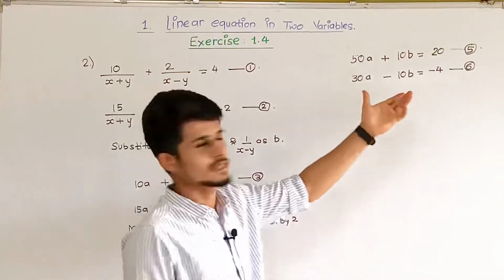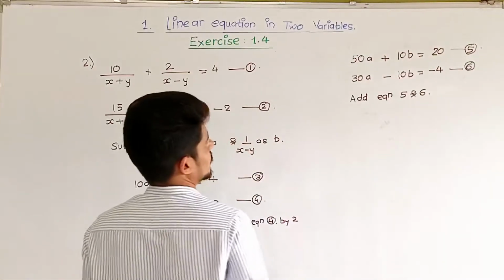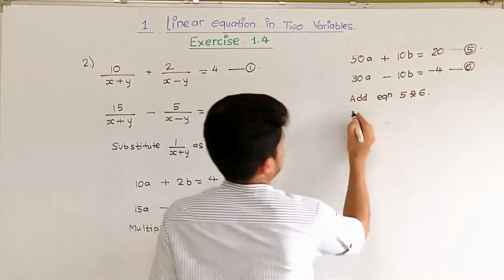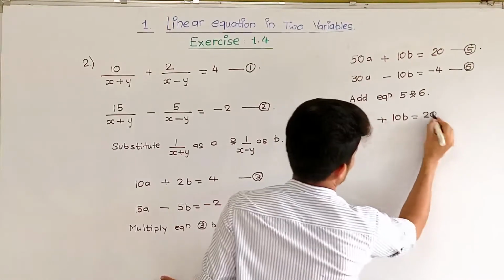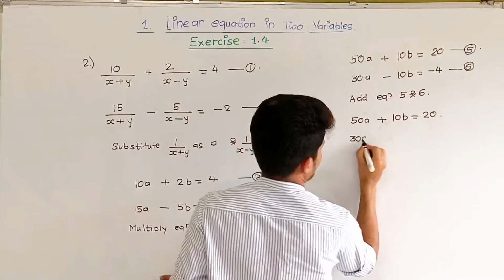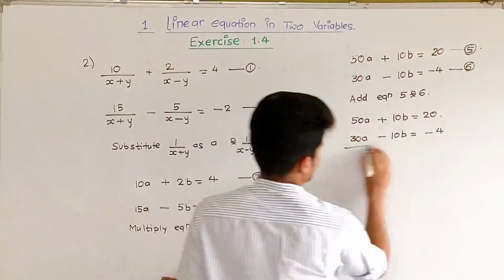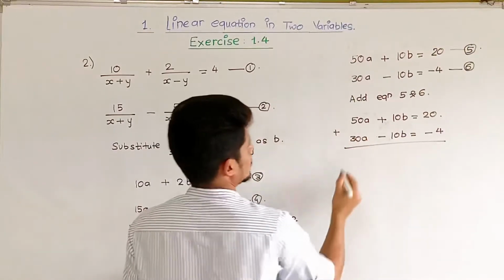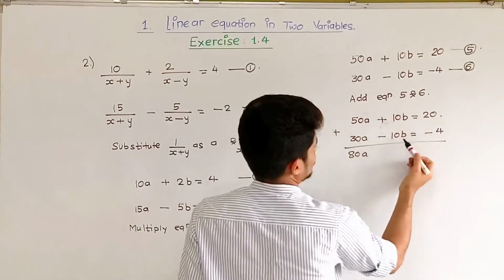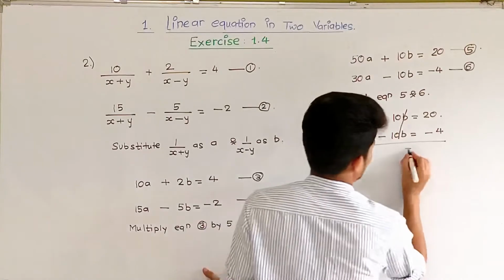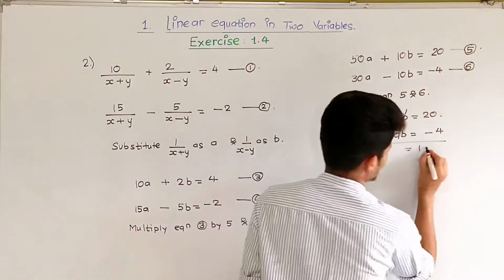So by adding equation 5 and 6, the term 10b will be eliminated. 50a plus 10b is equal to 20, equation 5, and equation 6 is 30a minus 10b is equal to minus 4. 50 plus 30 is 80a, and plus 10b minus 10b will eliminate. 20 plus minus 4, that is 20 minus 4, is 16.